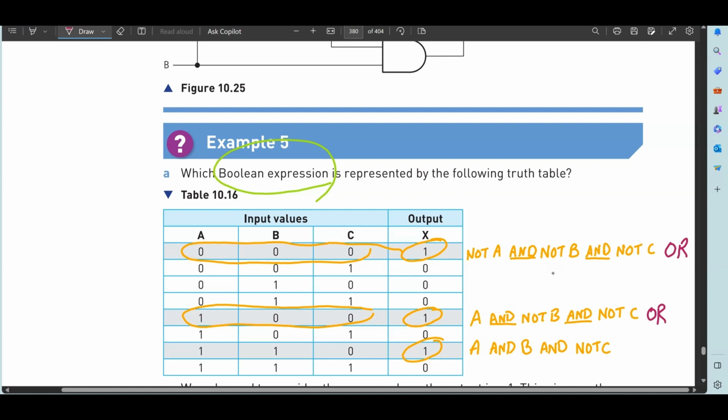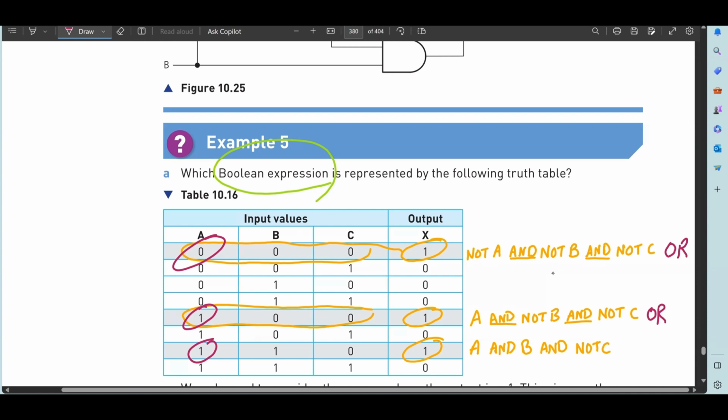So there goes the OR gate between these three expressions. You cannot try all of these expressions at once because, for example, the bottom two expressions say A should be on, but the first expression says A should be off. How can you try all three expressions together? Students forget where to put AND and where to put OR gates and they try to cram it. So there should be no cramming.